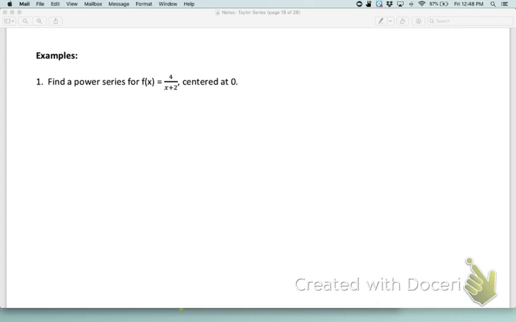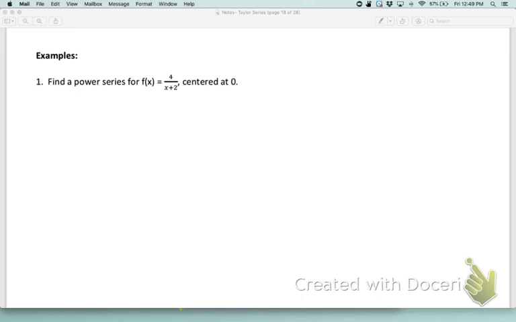So we want to find a power series for f of x equals 4 over x plus 2 centered at 0. So we don't have to do anything weird with the center. But we can see that we have sort of those 3 pieces, a over 1 minus r, even though we're not quite in that form yet. So we're going to have to start manipulating.